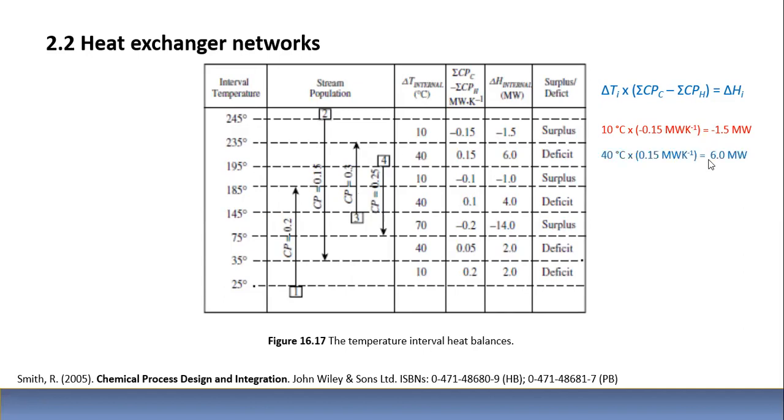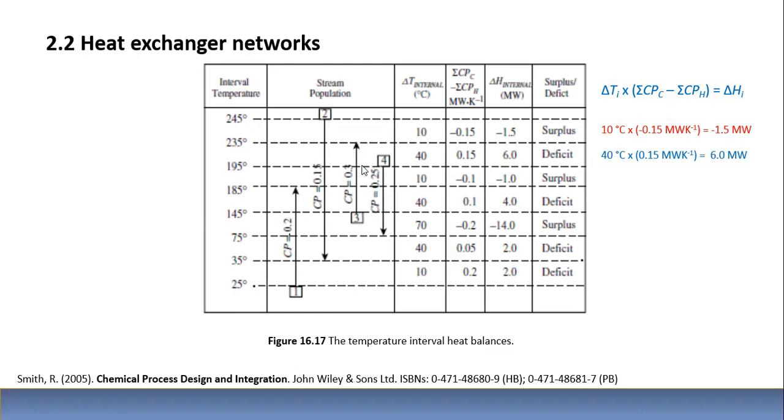And in the second case, the result was a positive result. It was needing to have this amount of heat as input, 6 megawatts. And this came as there was a 40 degrees Celsius temperature difference in this interval. The summation of the cold CPs, that will be cold because it was coming from a low temperature to a higher temperature.